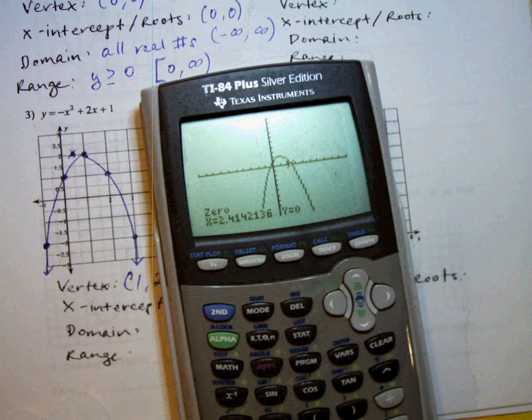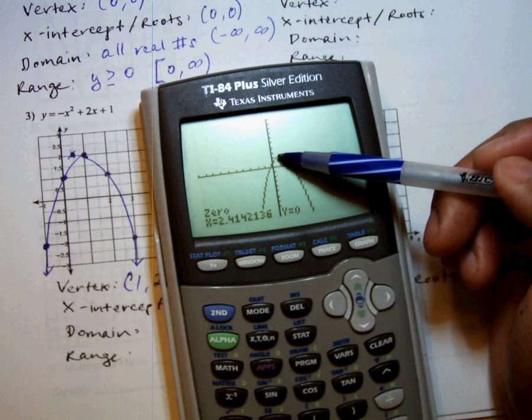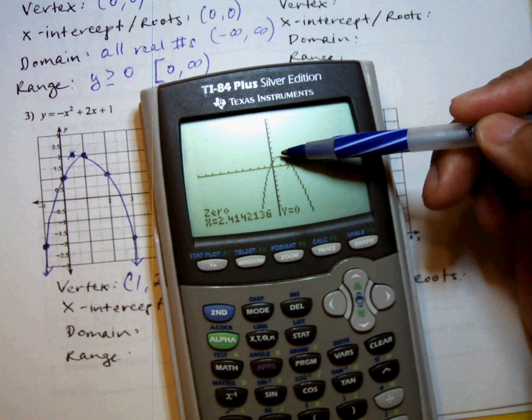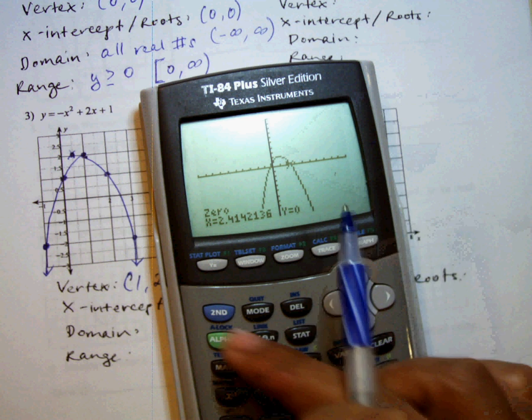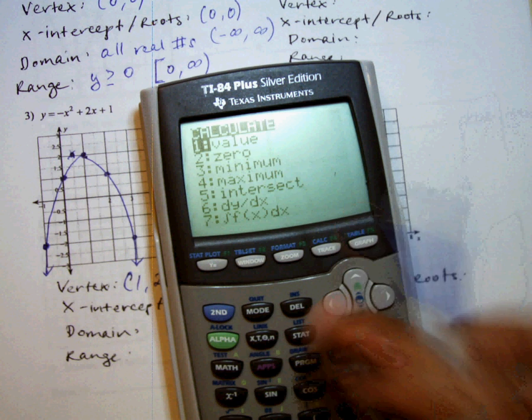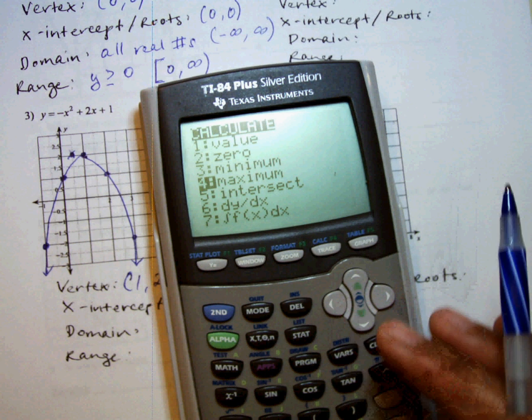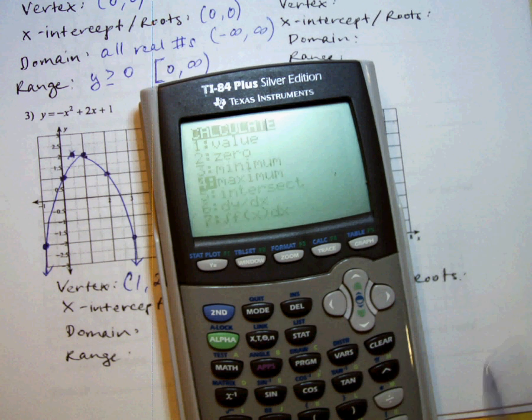Now, let's say if you want to find out what will be the vertex. Vertex for this case is going to be the maximum. So to get it, you press second trace, and then the maximum is going to be 4. So go to 4.